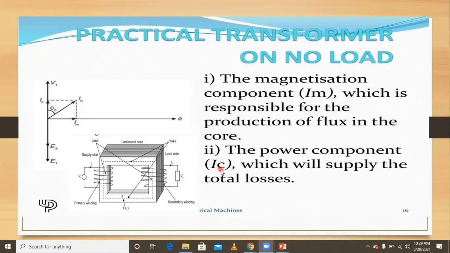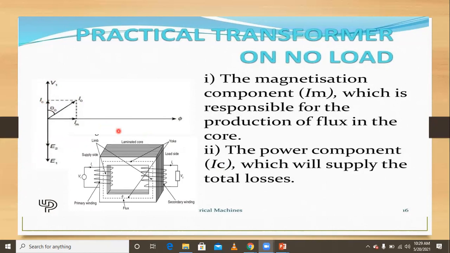That's why it acts just like a resistor. Across the resistor, the voltage and current are in phase. This IW is exactly in phase with V1.